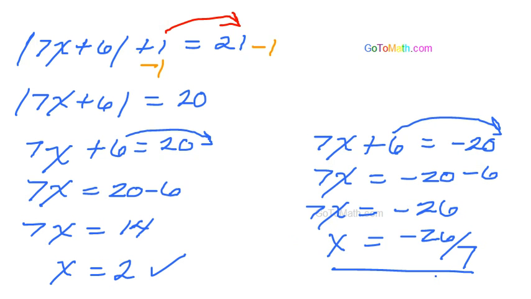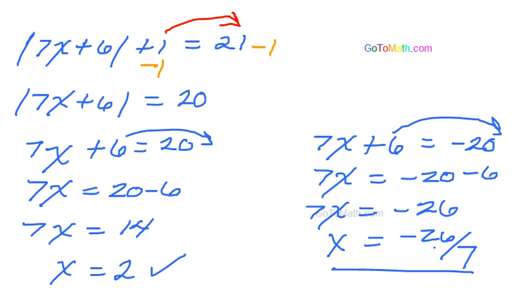Alright, so this is where we're at. We've got negative 26 over 7 and 2, and of course what you can always do is take that 2 and come up here and plug it in. So 2 times 7 is 14. 14 plus 6 is 20, right? And the absolute value of 20 is just 20, and then add 1 and you get 21.